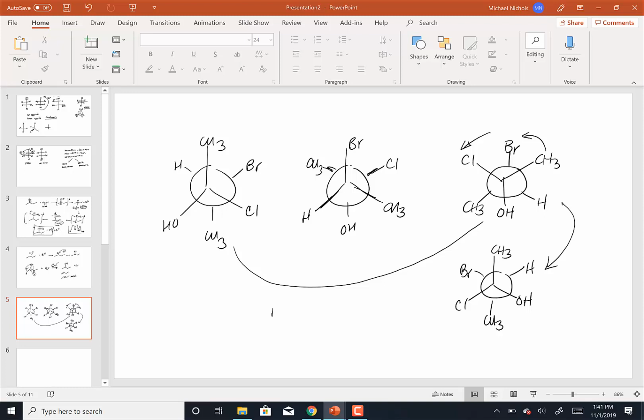So front opposite. Back carbon? Opposite. The back carbon's opposite because if you look at bromine, bromine, hydrogen, hydrogen, methyl, methyl, the methyls are lined up, the other two aren't. And so in this case, they also have a mirror plane. So the back carbon's opposite. If they're both opposite, that makes them enantiomers.